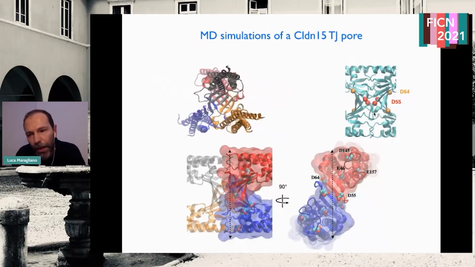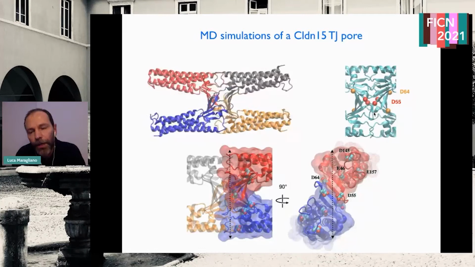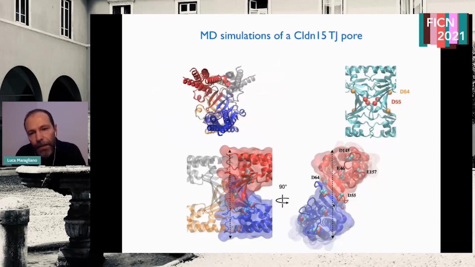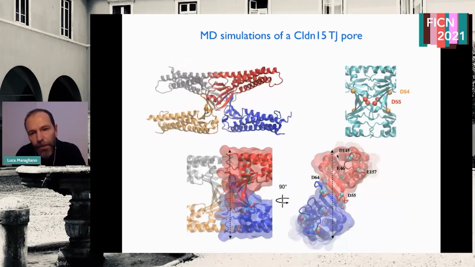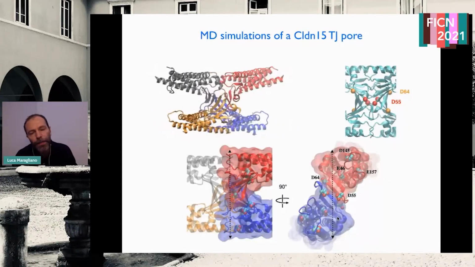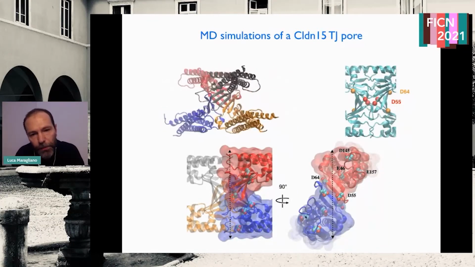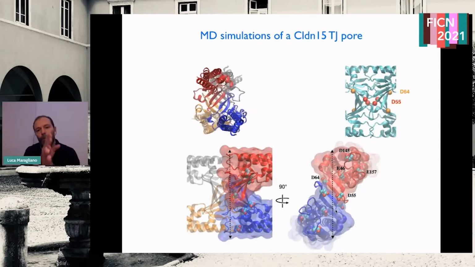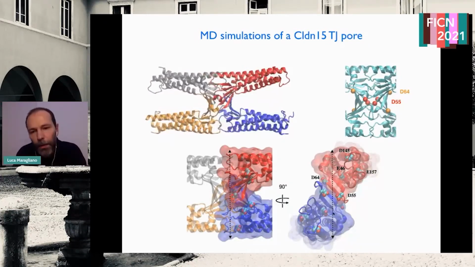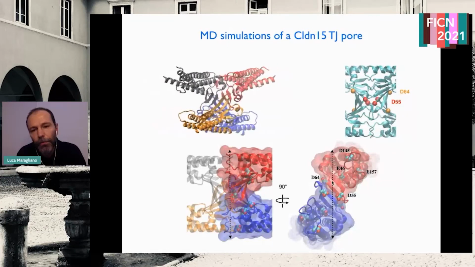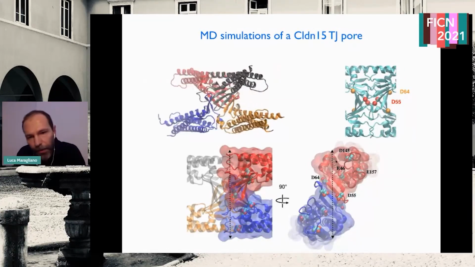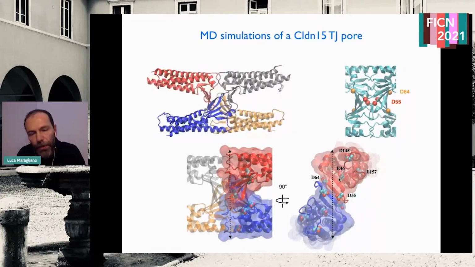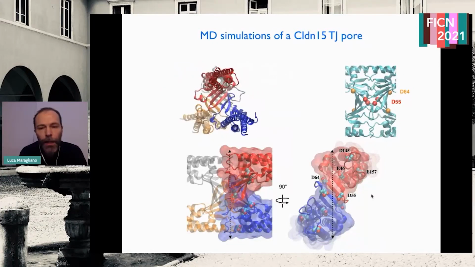There are also other negatively charged residues that line the inner surface of the pore. If we look at the interior of the pore, by rotating this structure by 90 degrees, and deleting the two protomers that would be in front of you, you can see how the other negatively charged residues are lined.